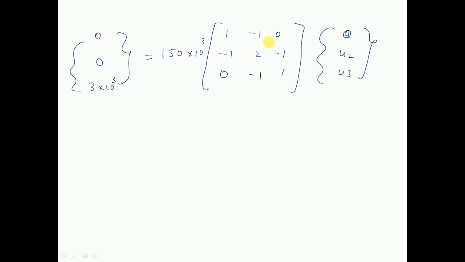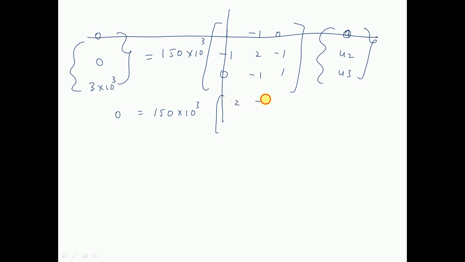You can see here U1 is 0, that is, the first row is 0 in this matrix, so we have to cancel the whole first row and also the first column elements. Then our equation becomes 3 into 10 power 3 equal to 150 into 10 power 3 into the matrix 2 -1, -1 1 times u2 u3.